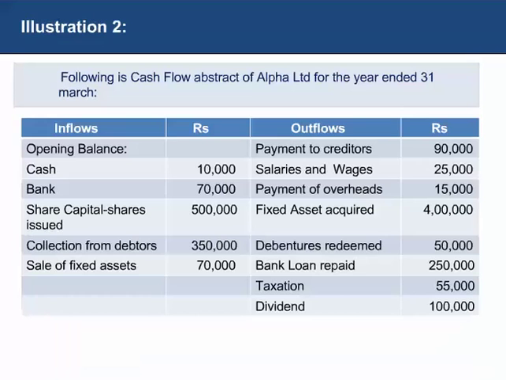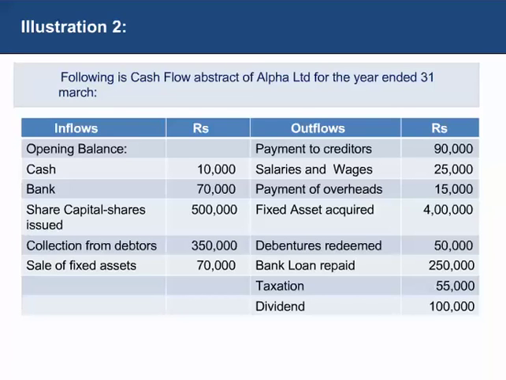So friends, illustration 2 is basically an abstract of cash flow statement given of Alpha Limited, and we are required to prepare a cash flow statement using that abstract. Thus, it is given as inflows and outflows. The opening balance of cash and bank is given as 10 and 70,000 respectively. The share capital, shares issued, is 5 lakhs.